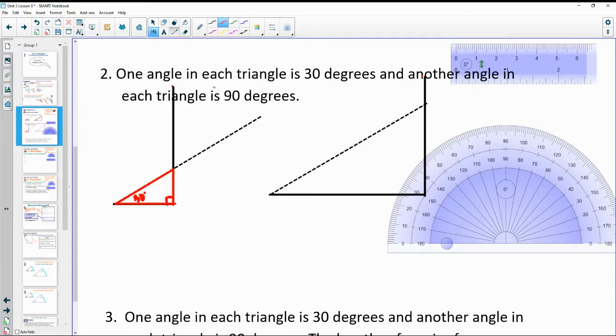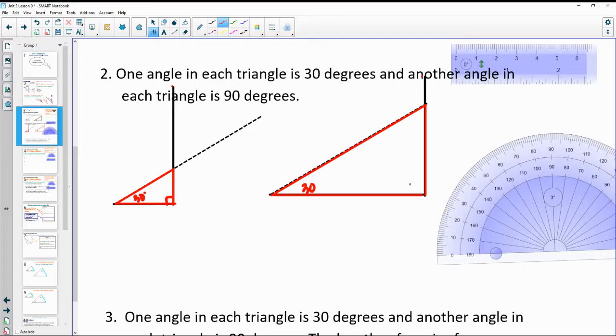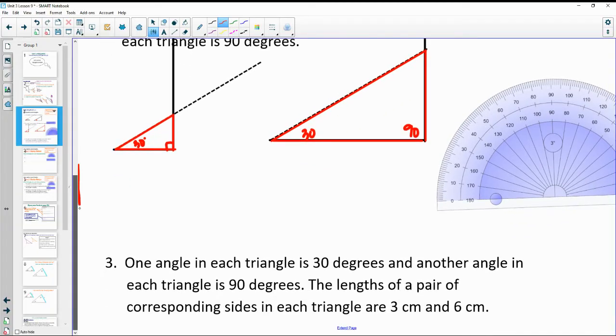This one has a 30-degree angle here and a 90-degree angle here. All right, so I tried to draw them as different as I could.